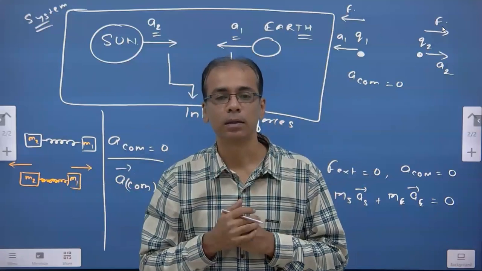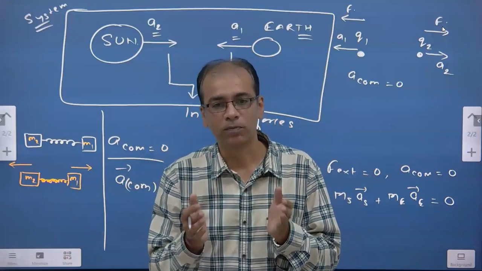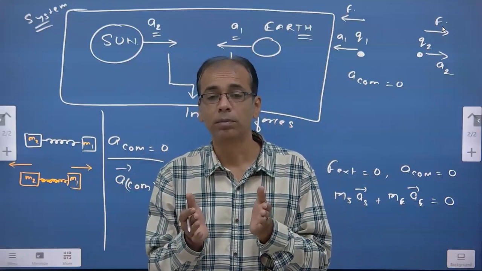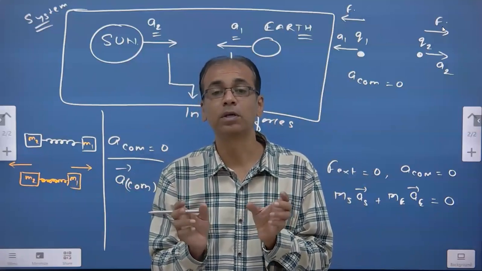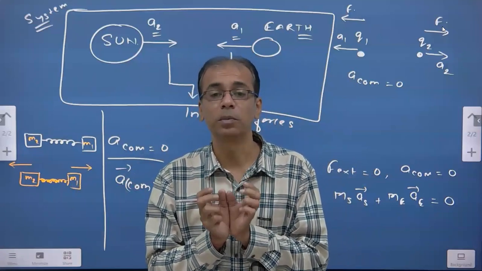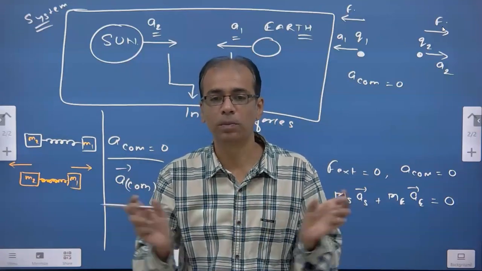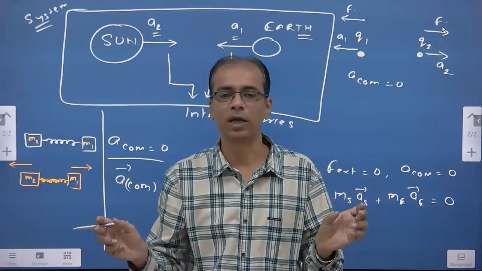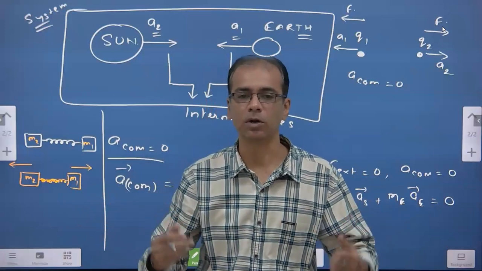Why? Because before I left, it was not moving. Now, because of what are these particles moving? Because of the spring. Spring is getting into its natural shape. So spring is basically an internal force. Both the particles will go like this, and they will go in such a way that acceleration of center of mass will be 0.